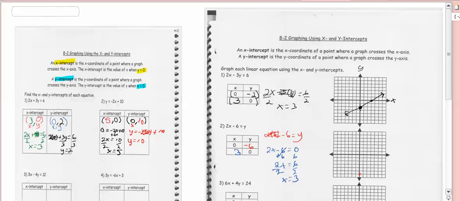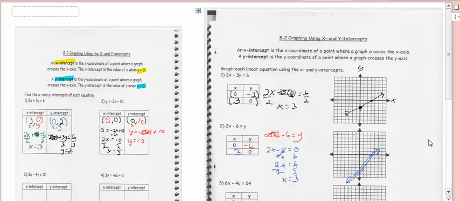So now I have 3, 0, so I'm going to go over 3. 1, 2, 3. And now I can connect the two dots. My line's never straight on this, so I'm going to connect the two dots the best I can. I wish I had a ruler that would work in here. And so that is my graph of that equation.